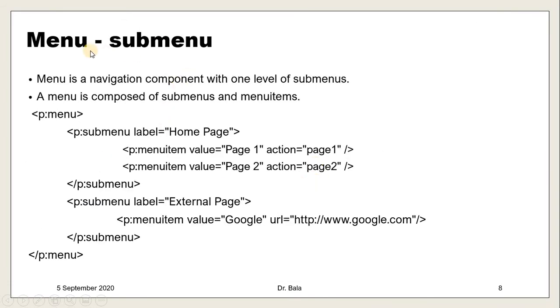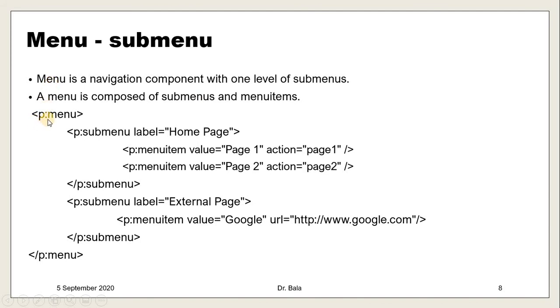Now we can go to the menu with submenu. It again provides the navigation component with one level of submenu. One level of submenu only we can have, and every menu can have submenus or menu items.